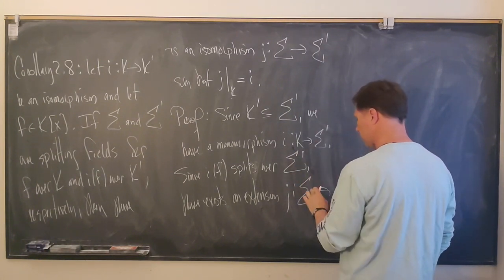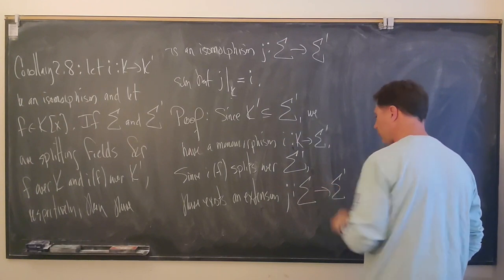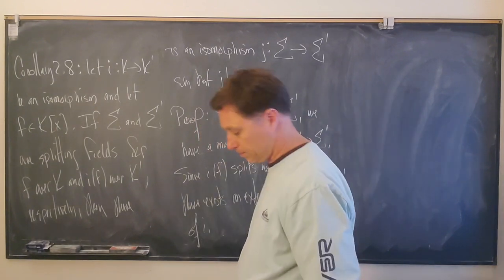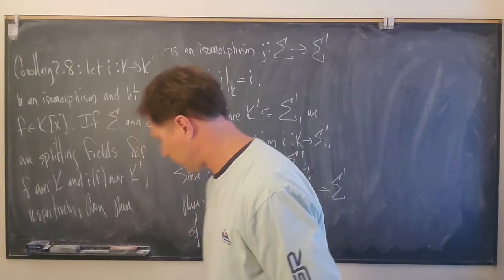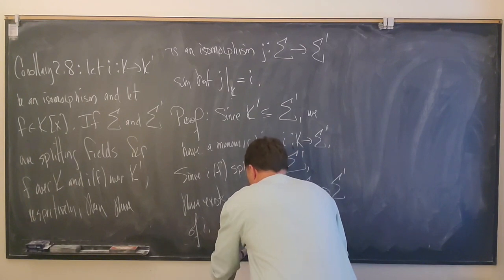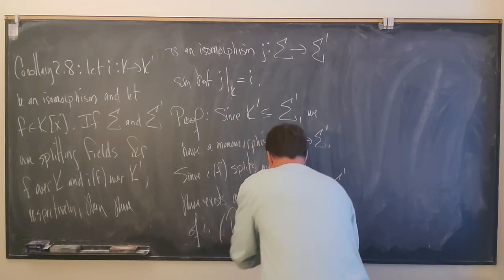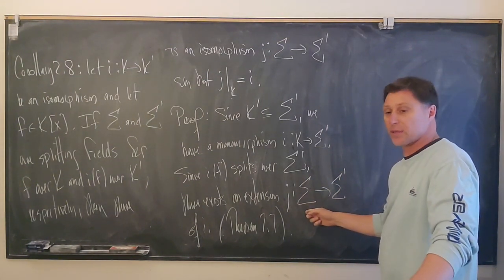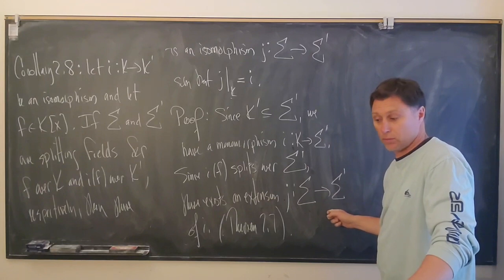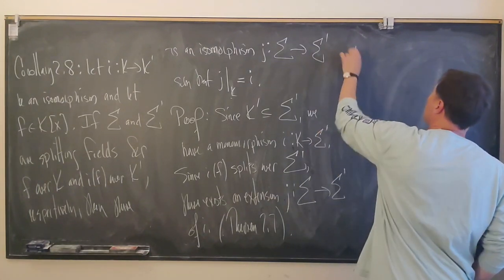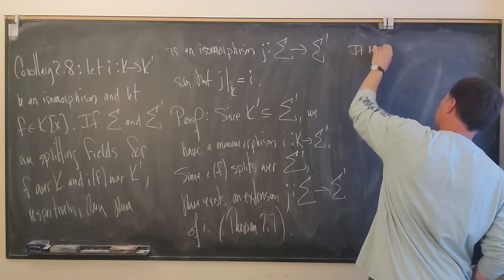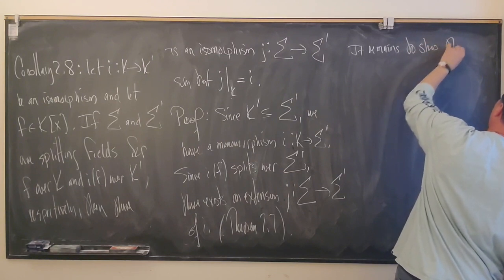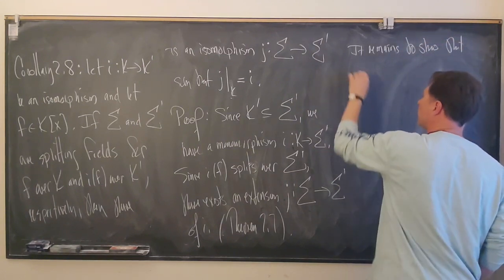So what do we have now? It's an extension, so this is automatically going to be a monomorphism, and all we need to do is show that it's onto. So it remains to show that J is onto.